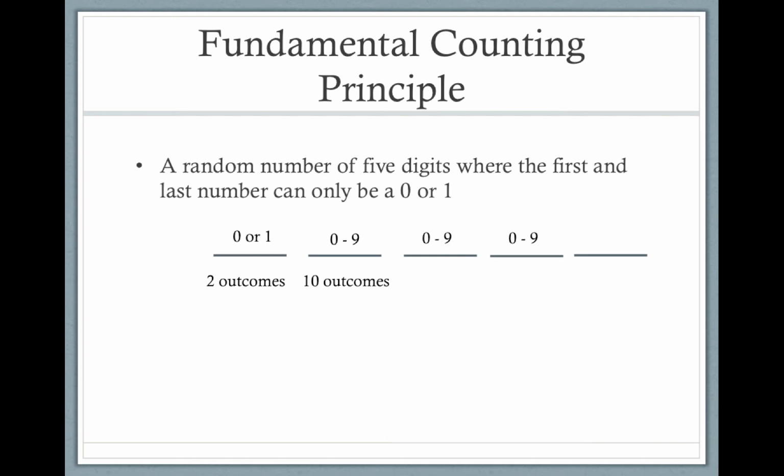The third and fourth digits have no restriction, so they each give us 10 outcomes. And then that last digit can only be a 0 or 1, giving us only 2 outcomes. So again, the fundamental counting principle says to multiply 2 times 10 times 10 times 10 times 2, giving us 4,000 random 5-digit numbers.